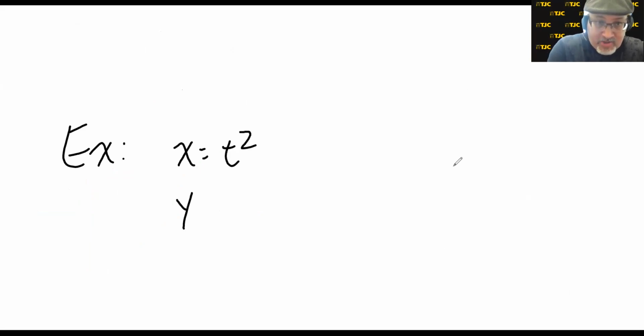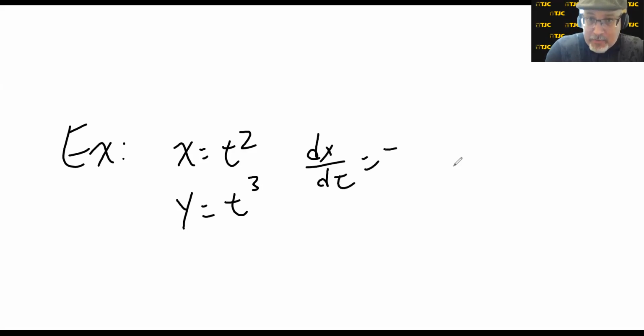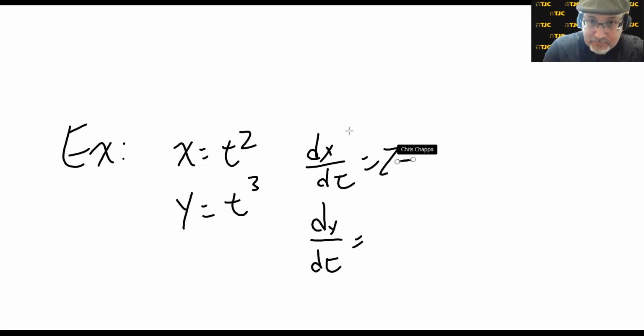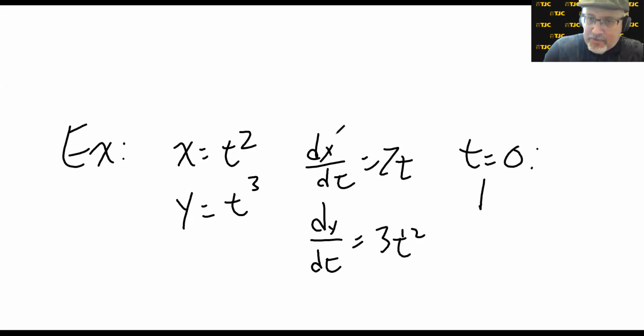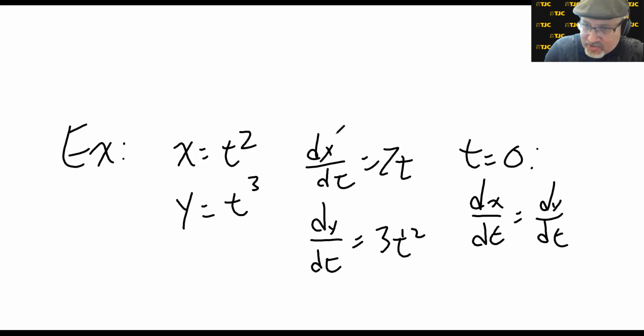For example, and this is a totally different set, well, not totally different. If we had x equals t squared and y was just equal to t cubed without the minus 3t, then dx/dt would be 2t, and dy/dt would be 3t squared, but when t is equal to 0, we have both of these derivatives equal to 0. dx/dt is equal to dy/dt, which is equal to 0.